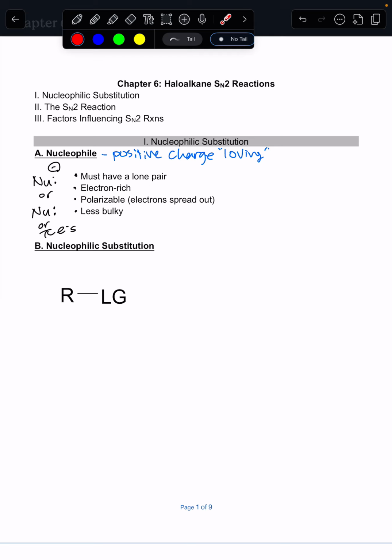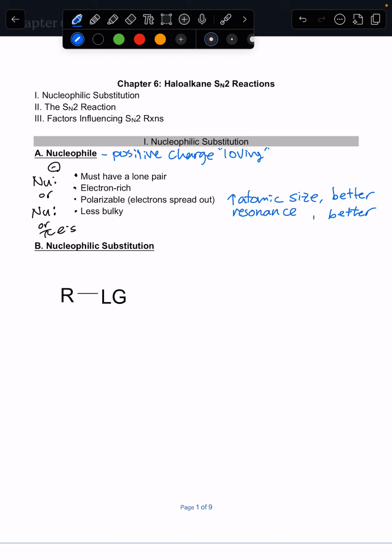And it needs to be polarizable. Electrons could spread out, or it could accommodate charges. This usually means the bigger the atomic size, the better the nucleophile, and resonance also helps, because that makes it more polarizable, so it can accommodate charges.